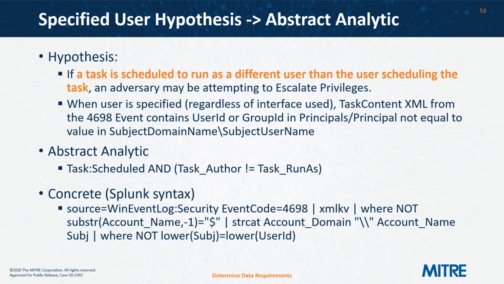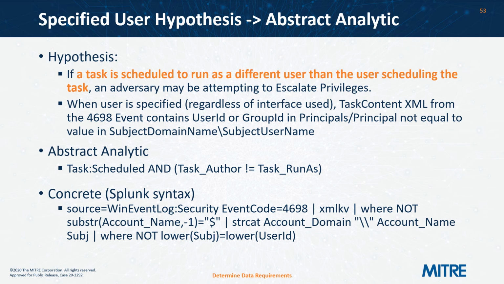Finally, we also developed a hypothesis and abstract analytic associated with the use of task scheduling to get a task to run as a specified user to get the privileges associated with that user. With our additional insight into the 4698 Windows event structure, we can convert our abstract analytic into something concrete.